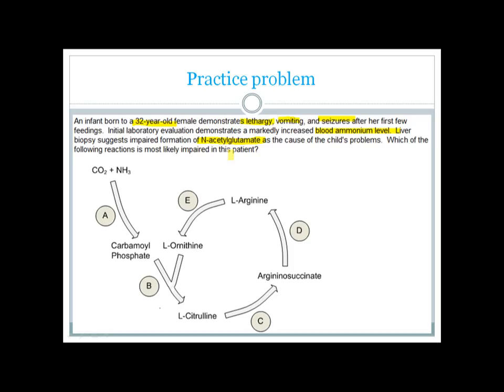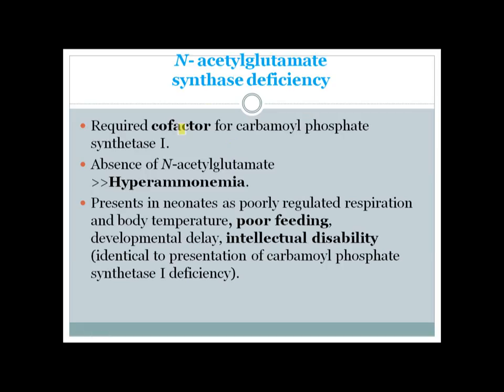So this is a very easy question. The answer is A. So the enzyme in A is called carbamyl phosphate synthetase 1, a very important enzyme which requires N-acetylglutamate as a cofactor. So N-acetylglutamate synthase deficiency may lead to decreased levels of N-acetylglutamate.